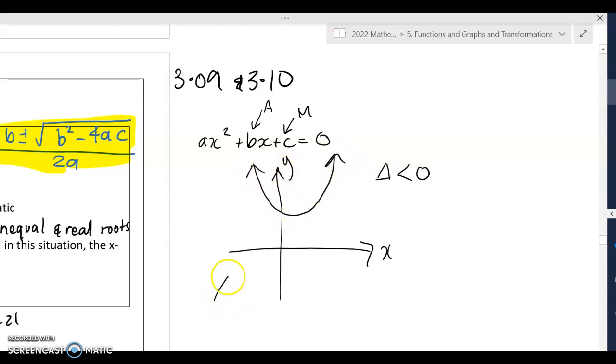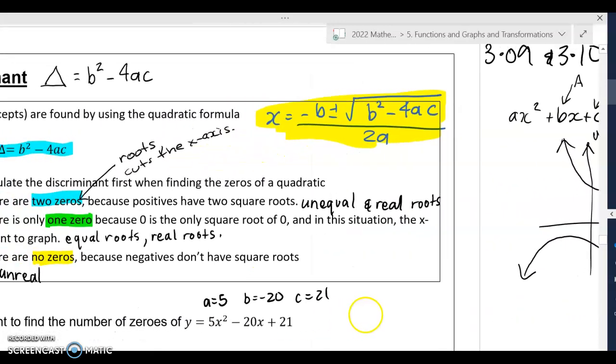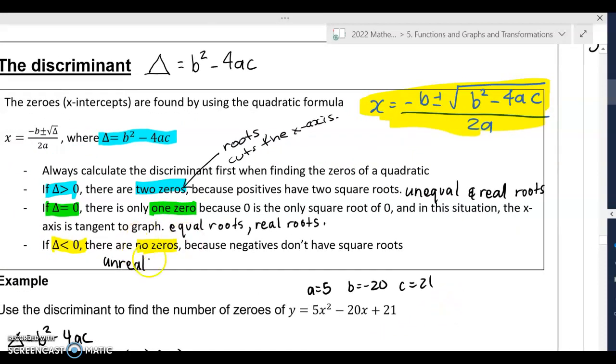Or it might look like this. So where our vertex, or our little turning point, is, it just doesn't sit on the x-axis, or pass through the x-axis. There's no roots, it doesn't cut the x-axis. And so what we say is there are no zeros.